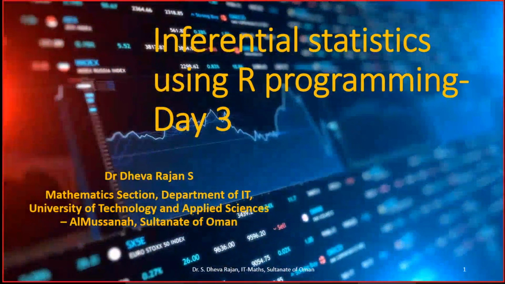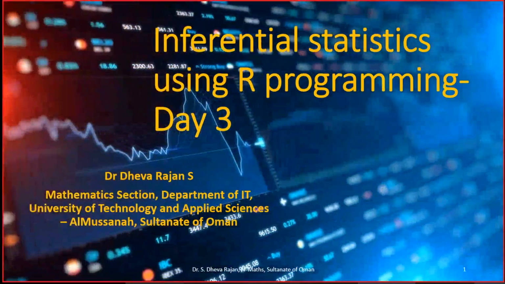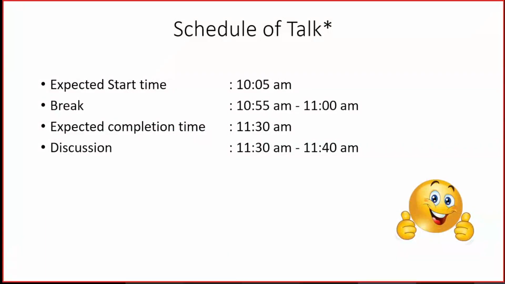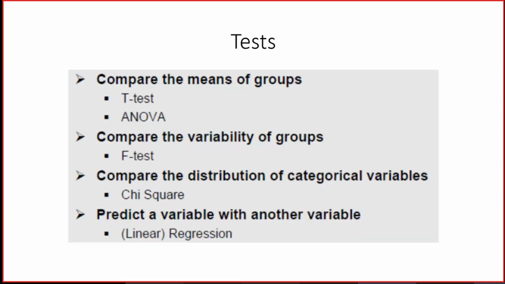So let us start with the ANOVA. In the last session, we discussed the t-test, one sample t-test and 2 samples t-test. In fact, this ANOVA is almost a continuation of such t-tests.